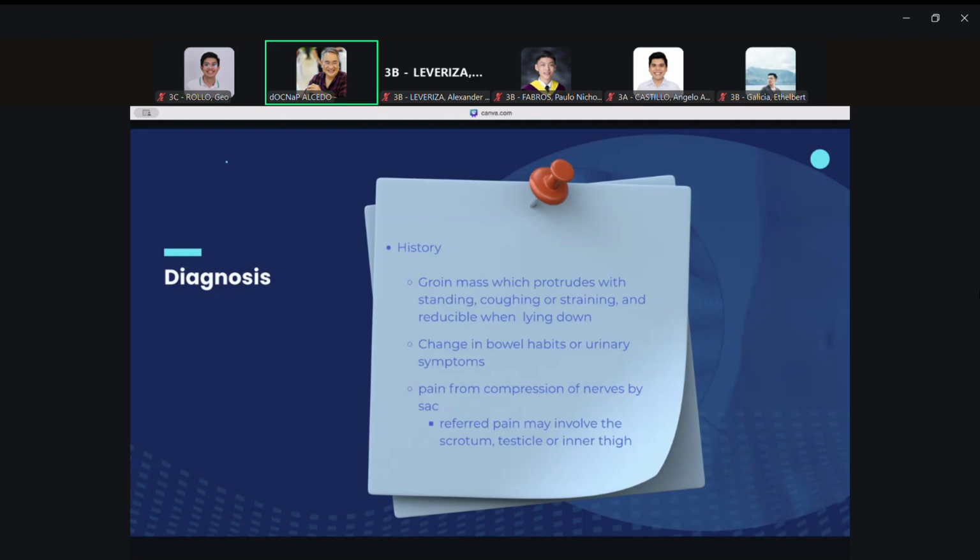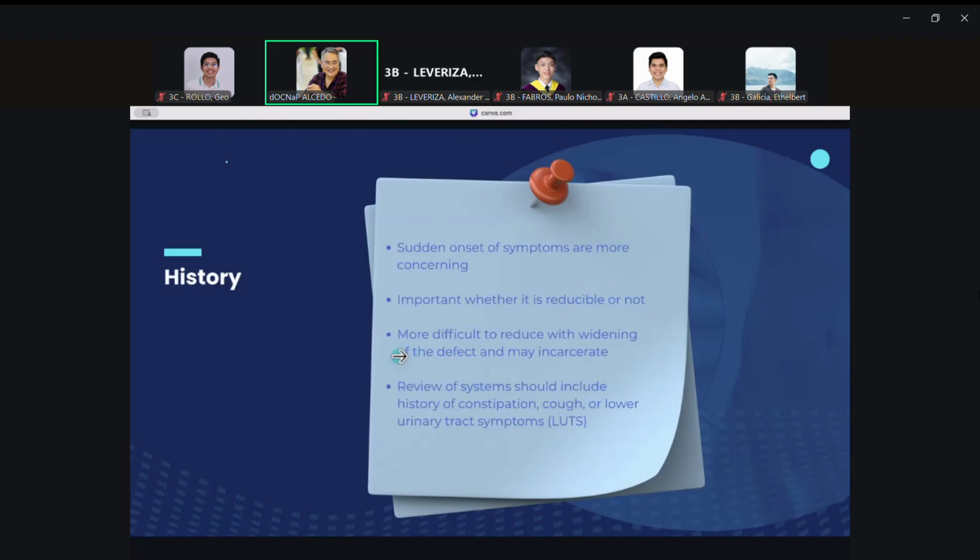Of course, other symptoms are referable to compression of the nerve by the enlarging contents within the sac, and can in fact also cause referred pain, which may involve the scrotum, the testicle, or the inner thigh. Sudden onset of symptoms is more concerning.